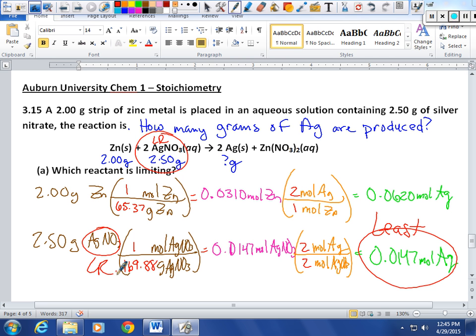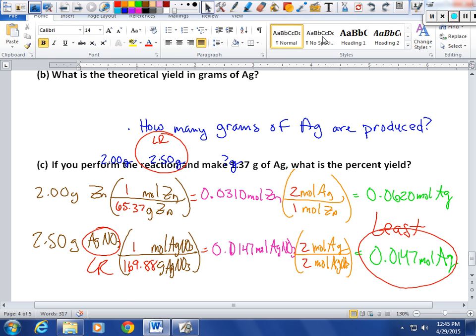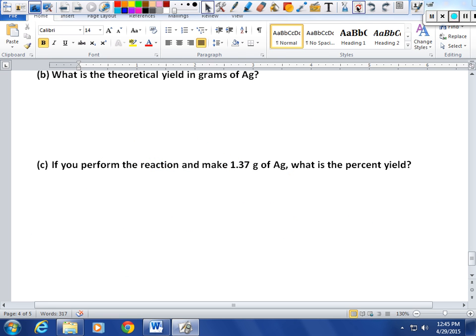So now let's look at part B. What is the theoretical yield? Now we've got to talk about this. What in the world does theoretical mean? In theory. What does in theory mean?